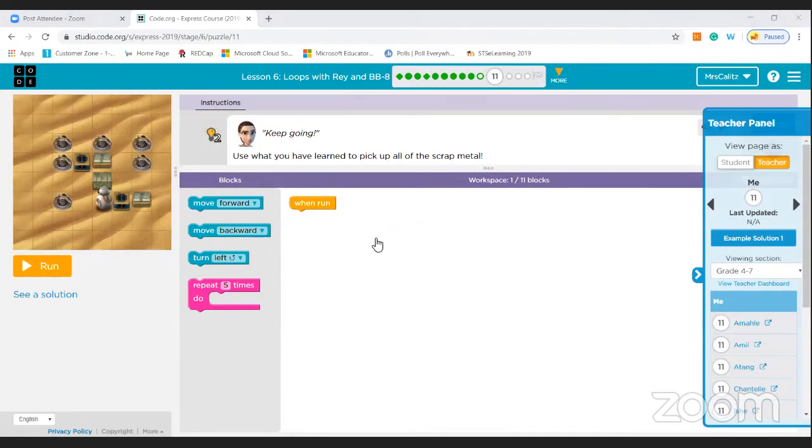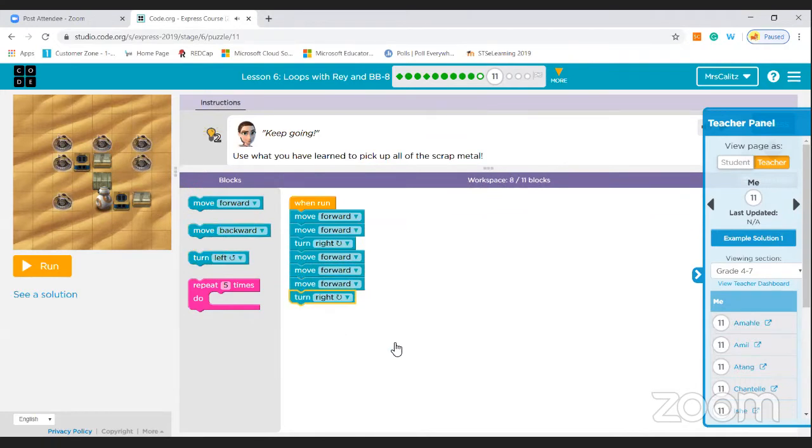What am I supposed to do? First, you have to move forward twice. Okay. And then? And then you turn right. Okay. And then? And then you move forward 3 times again. 3 times. Okay. And then? You turn right.